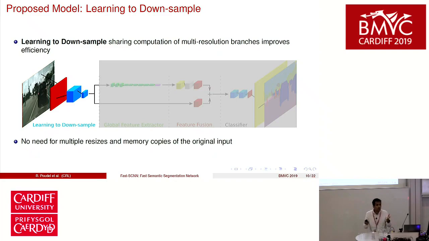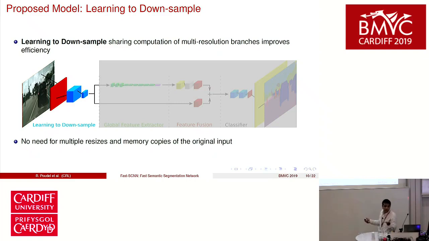So the idea was I want to start my context learning, what is there in the image, from 1 by 8 of the original resolution. That's the intuition. That's the idea. So what we do is just 3 layers, 3 by 3 convolutions with stride 2. So we learn as well as downsample at the same time.